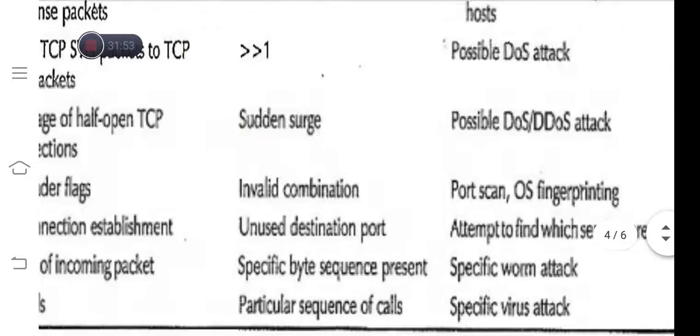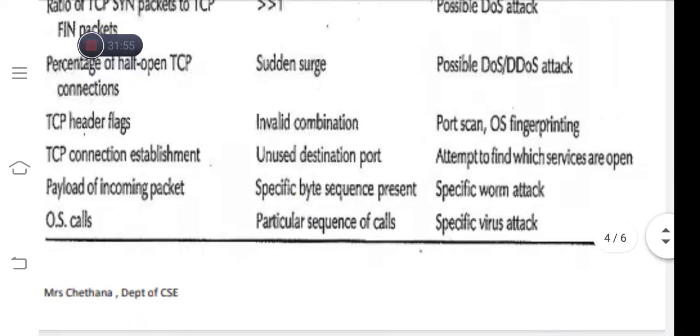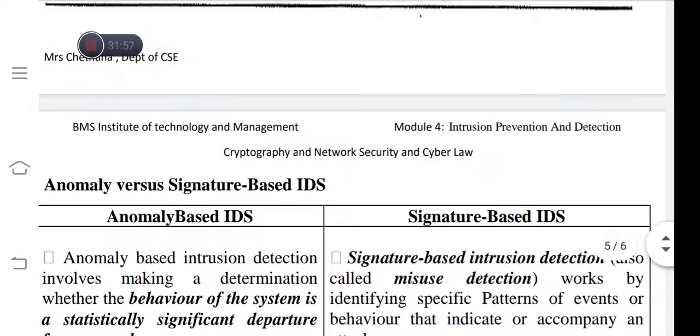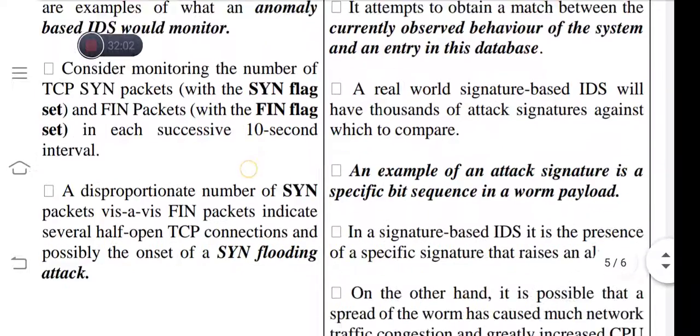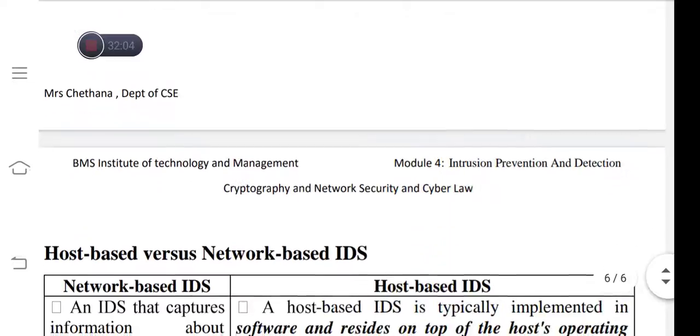Then we discussed the difference between anomaly and signature-based IDS, then network and host-based IDS.